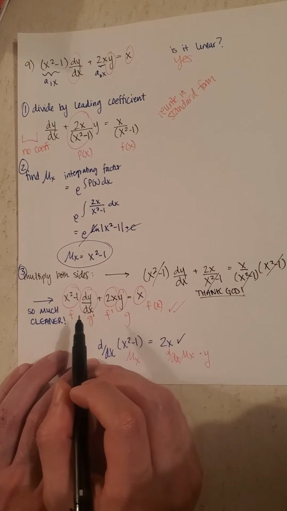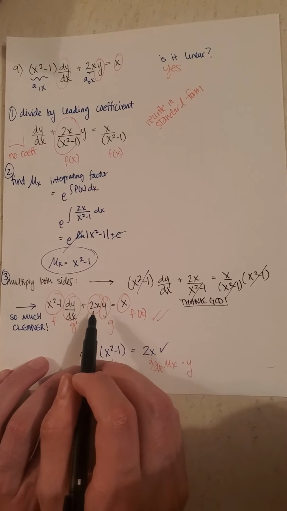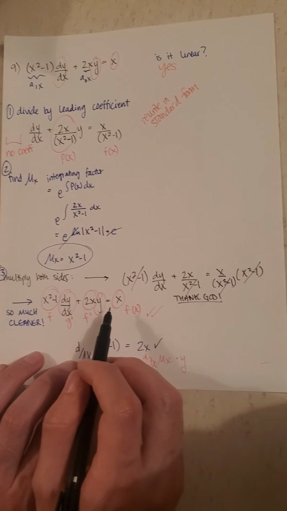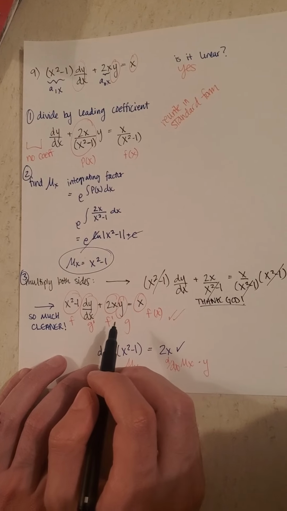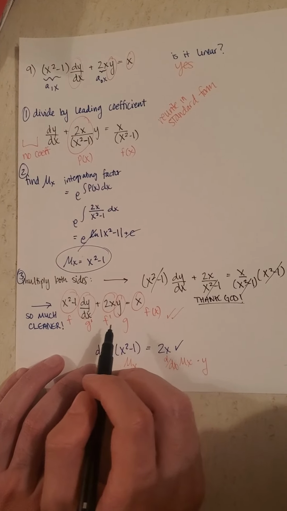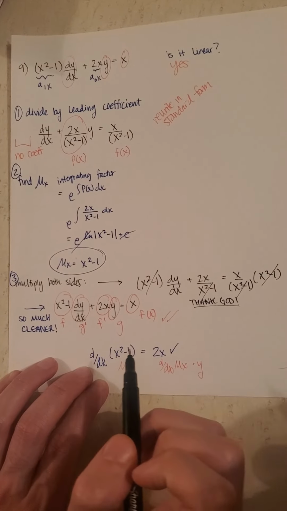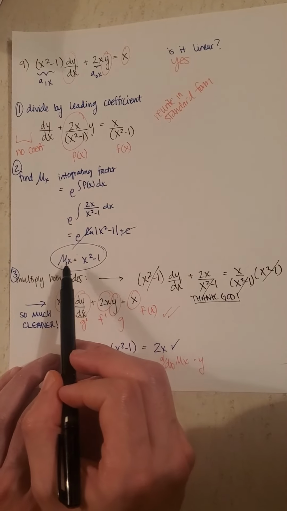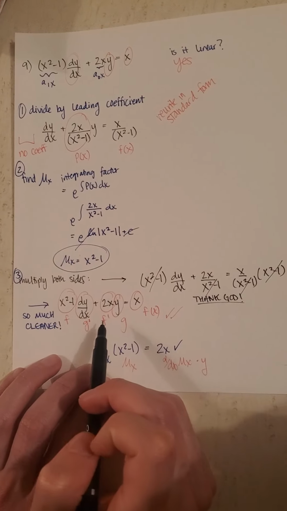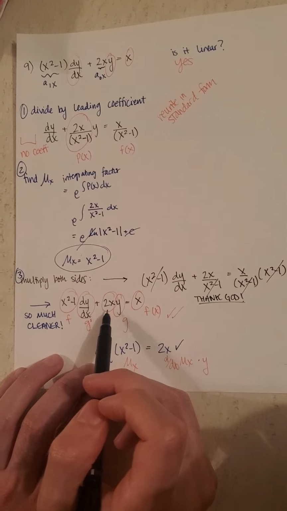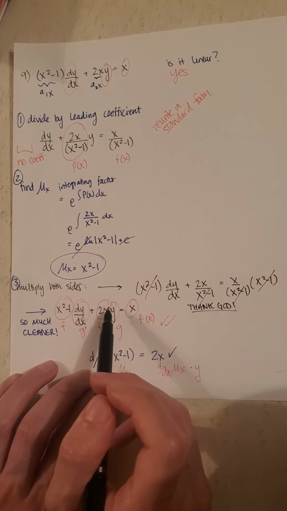So what I ended up getting was x squared minus 1 dy dx plus 2xy equals x, and that's super manageable. That's something that I could work with. What I noticed right off the bat was that I had done things correctly. I noticed that this mu of x right here, its derivative was already present right here, so its mu of x times y was already built in.